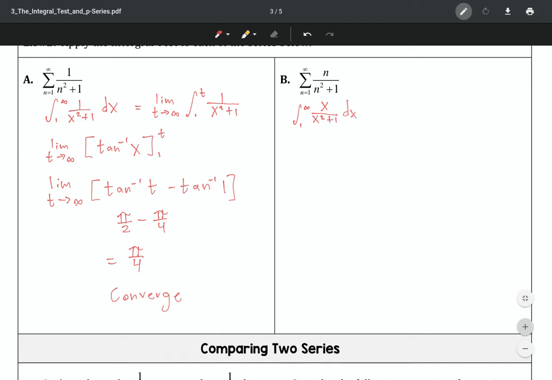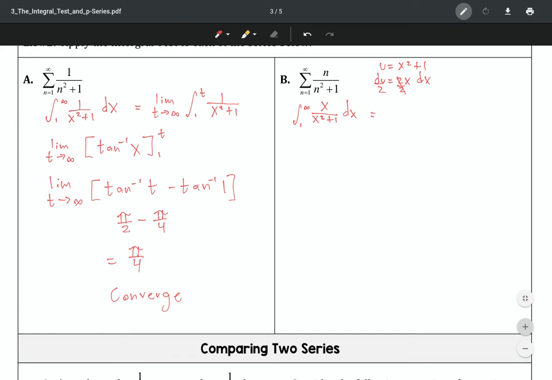Now, on this one, you have to really sit there and think about how to do this, and hopefully you remember that you can use substitution. That's normally what I check first. If I were you, that's probably what I would check also. Where du is 2x dx. I don't need that 2, so I'm going to divide both sides by 2.